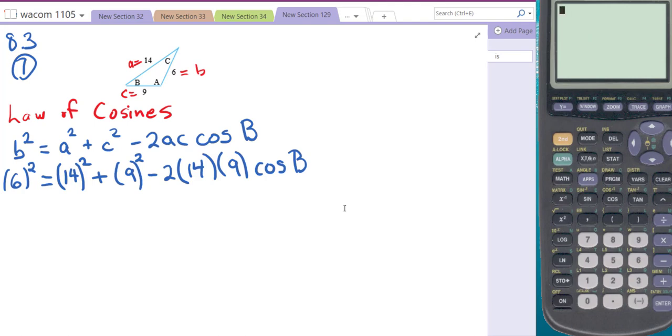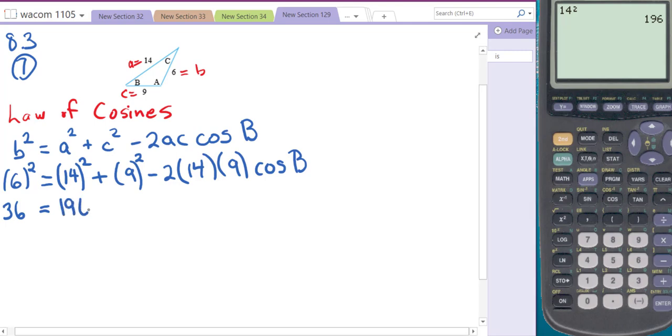Okay, so I'm going to do all this math. So I have 6 squared is 36. I can get that in my head. 14 squared, I'd need a little help. 196. 9 squared is 81.